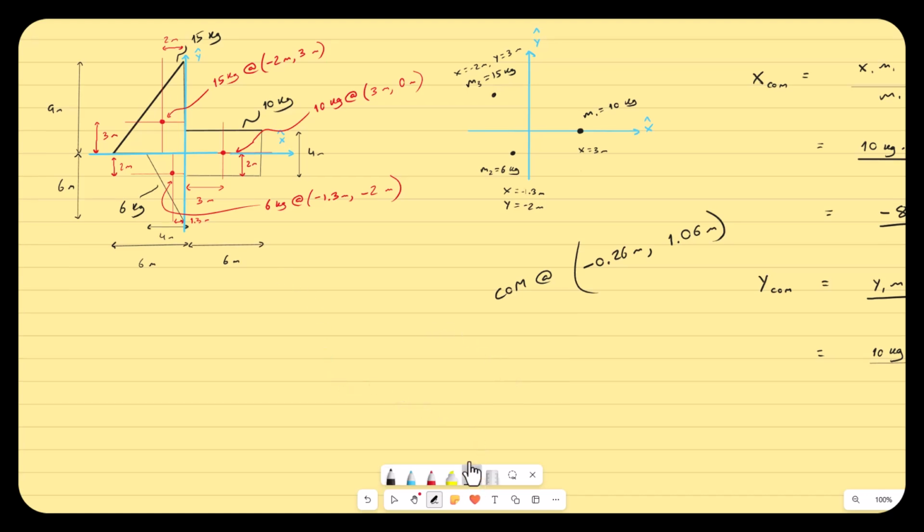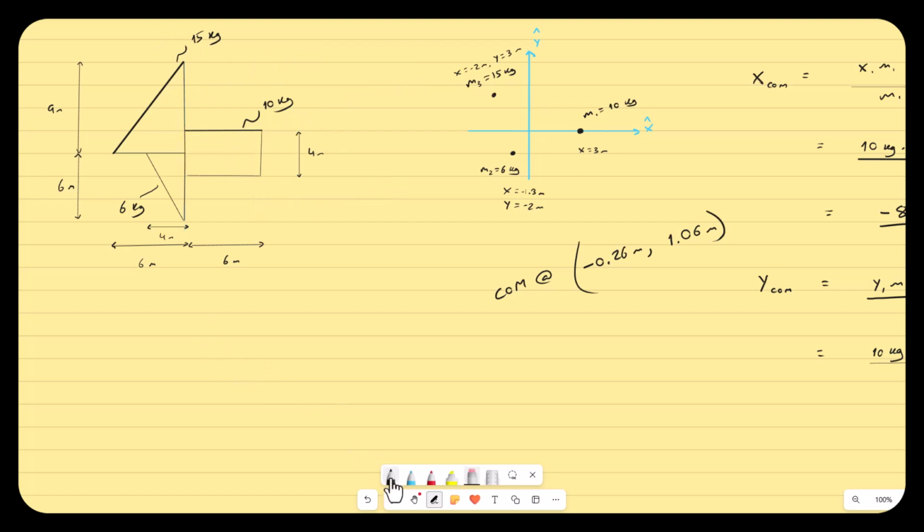If I go back to my original shape and I do some serious erasing, then I can find just where this is. This was, as a reminder, the center of the coordinate axis that I put on there that I made up.